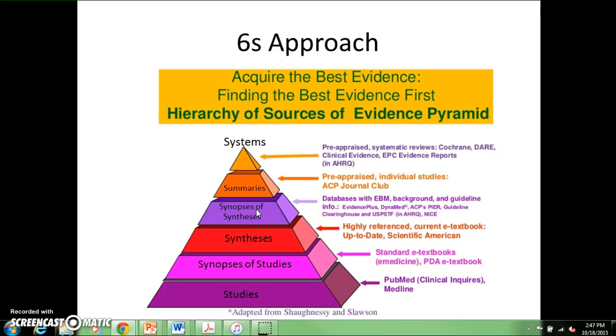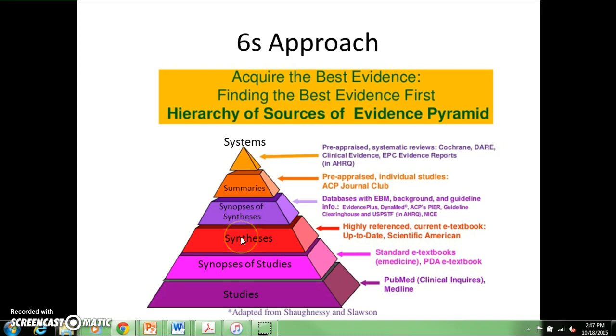So instead of having 10 systematic reviews, your synopsis of synthesis is really going to be one robust study that takes all of the systematic reviews as they relate to that particular clinical question and lumps them into one clinical research study. Wouldn't that be awesome? Wouldn't that be a great source to use when you're trying to answer a clinical question?